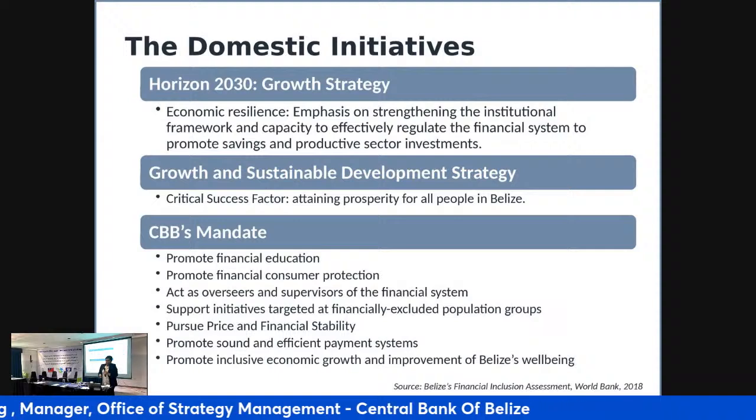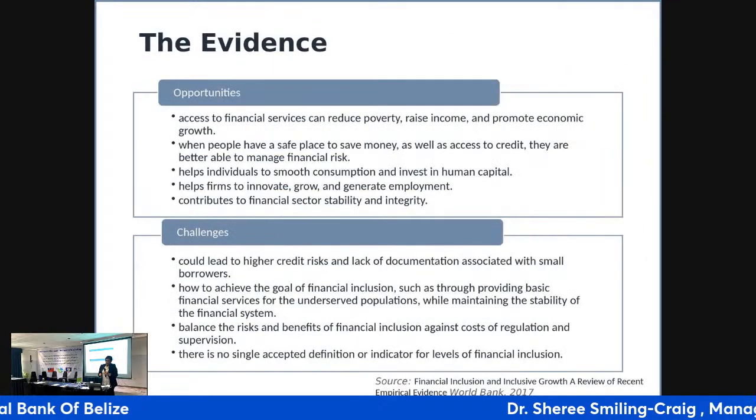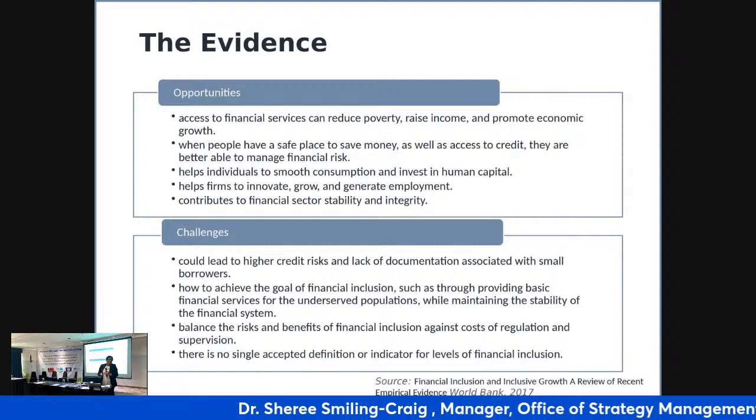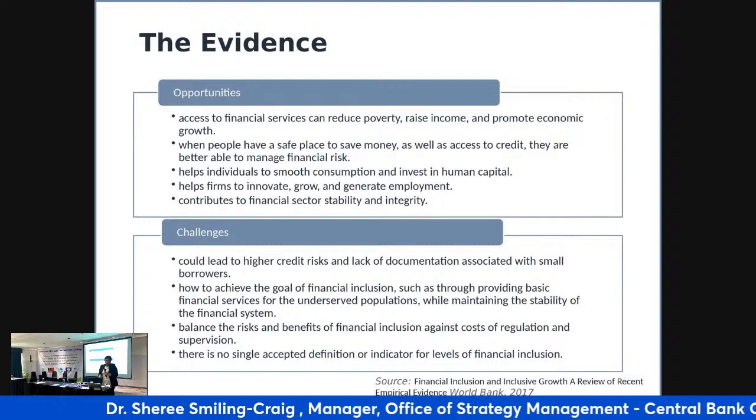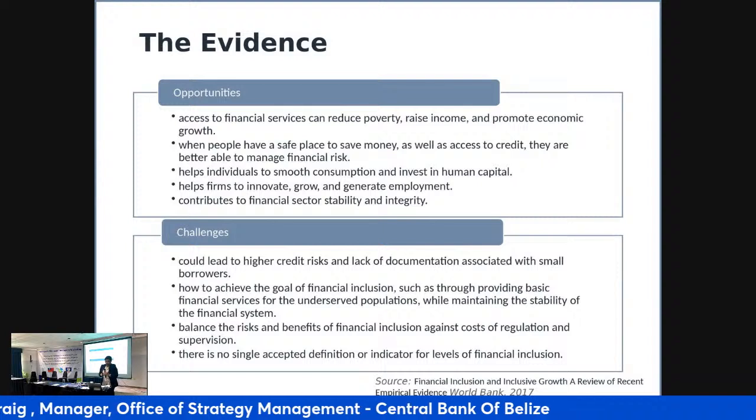So now let's look at the evidence. There is evidence all over the world that access to financial services can reduce poverty. And it can raise your income levels and promote economic growth. So there's a whole myriad of evidence to support that.